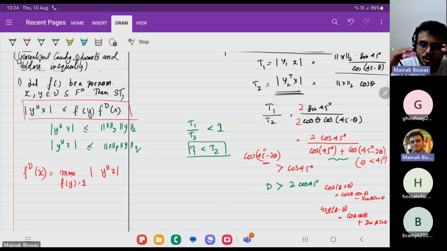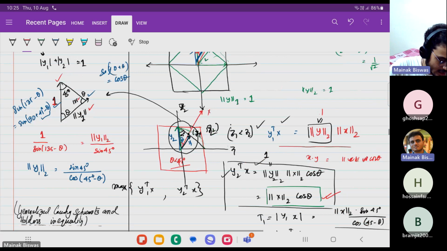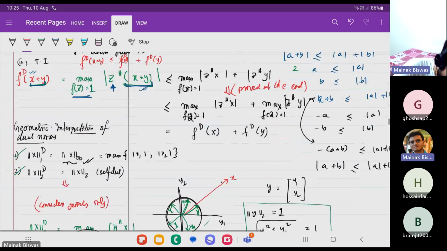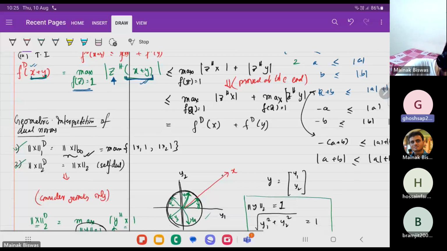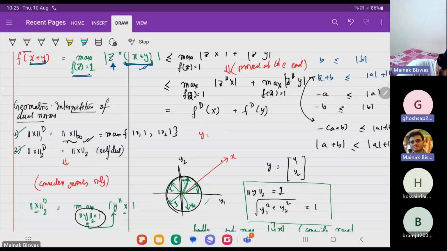So what did I tell you? What did we do in the previous question? We picked the y that was the maximum, right? When we took the dot product, for this case, what did I pick? Y equal to 1, 0, yes or no? Or 0, 1, whatever. 0, 1.